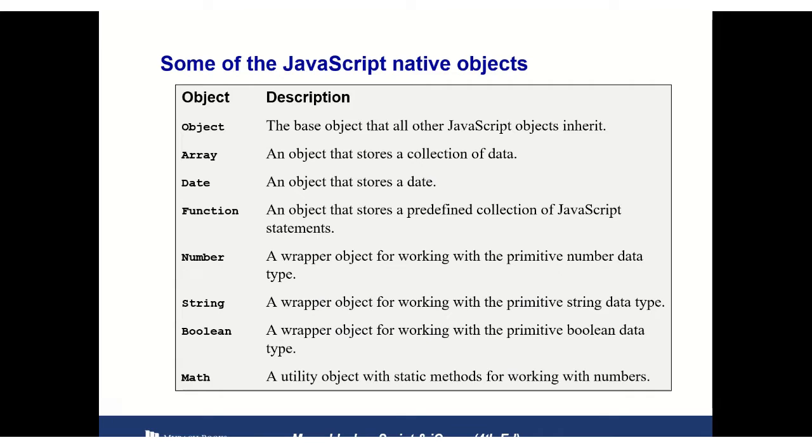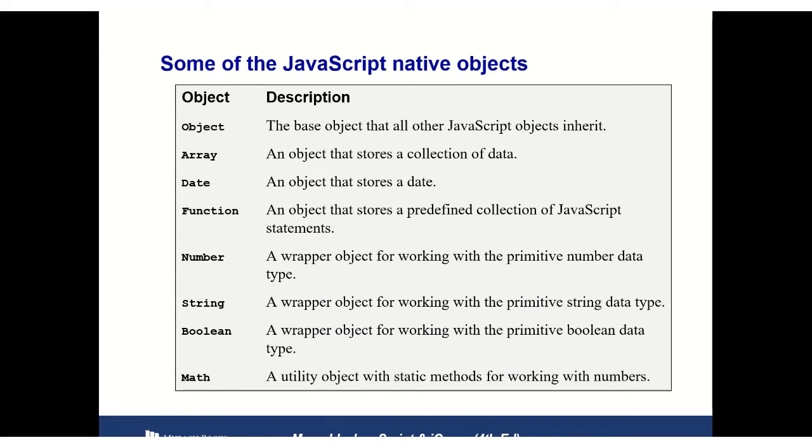Within the framework where we describe the data structure, the data types are very important, so that's why we are using array, date, function, number, string, boolean, math. Whatever we noted here are part of the data structure.